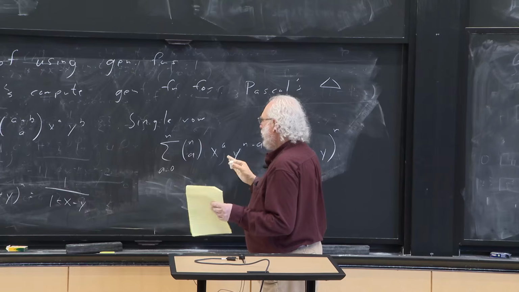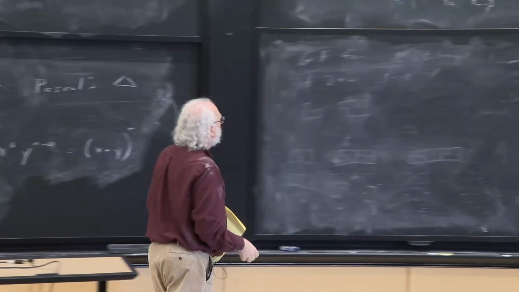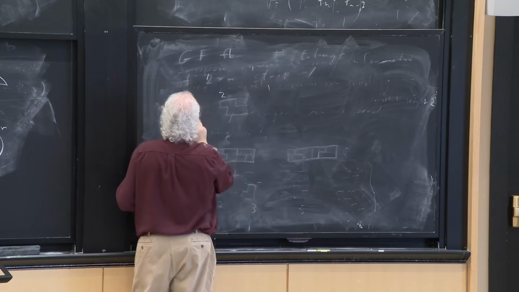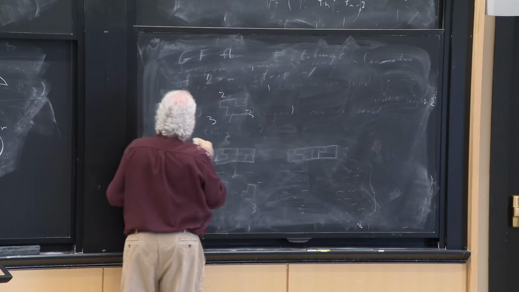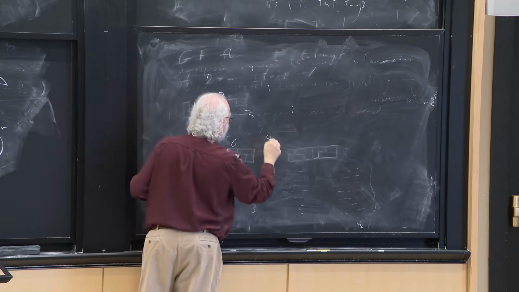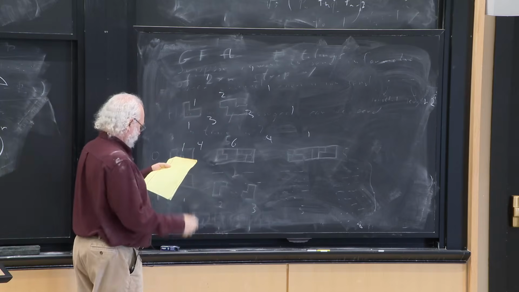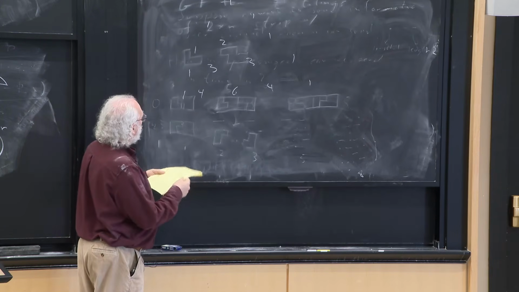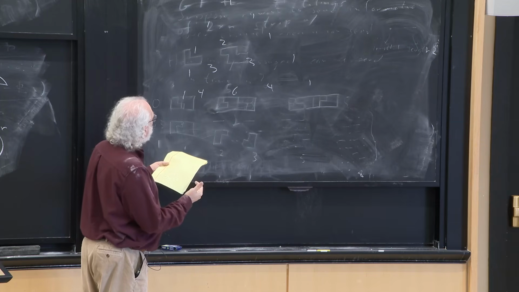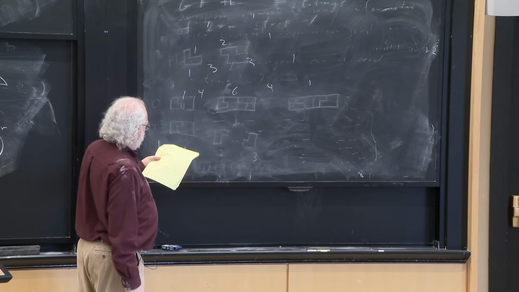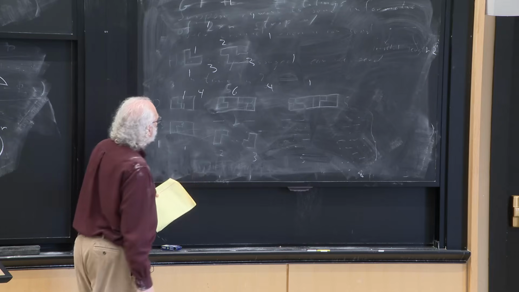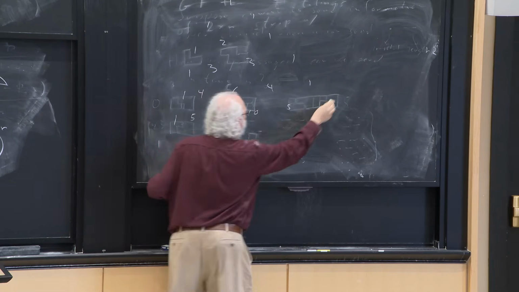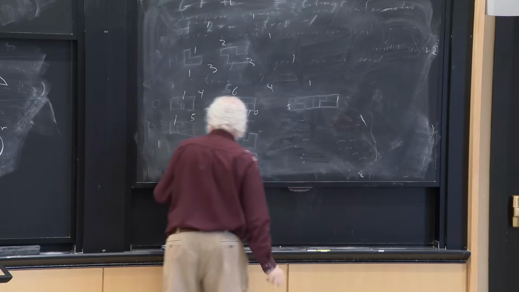Okay, so here, 1, 1, 1, 1, 2, 1, 1, 3, 3, 1, 1, 4, 6, 4, 1. Let's take 1, 5, 10, 10, 5, 1, and there's a 1 over here.